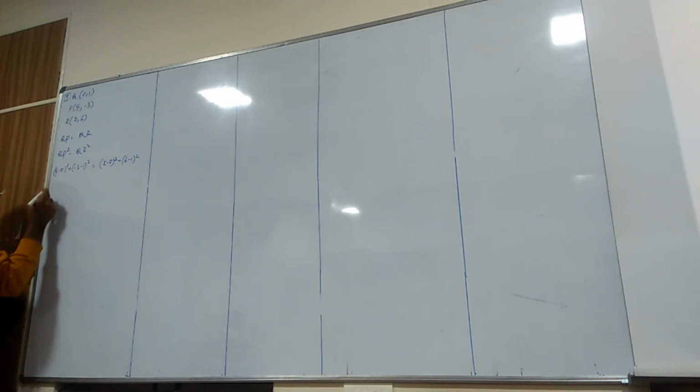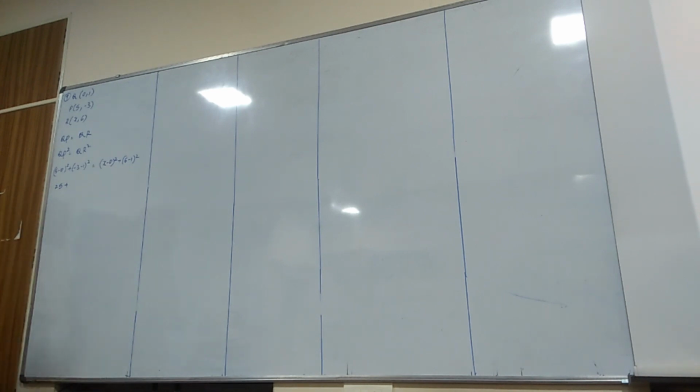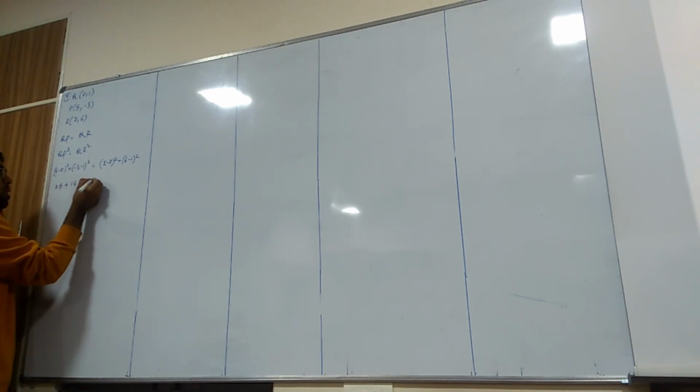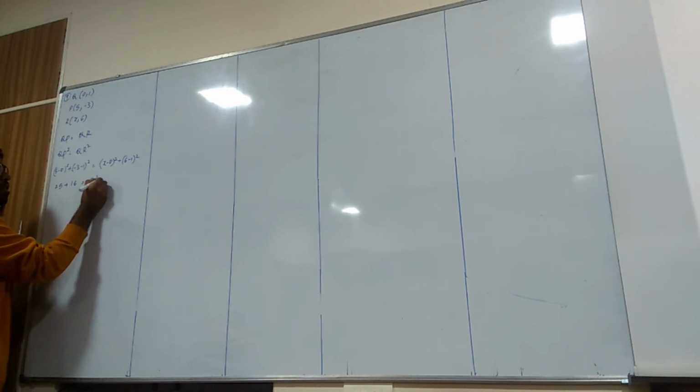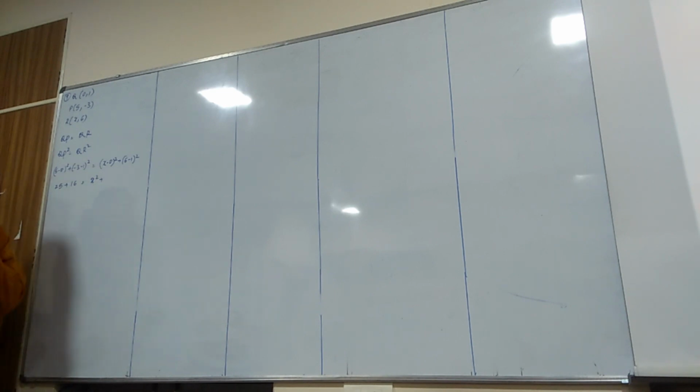So 5 square is 25, plus (-3 minus 1) is -4, the whole square is 16, equals x square plus (6 minus 1) is 5, square is 25.